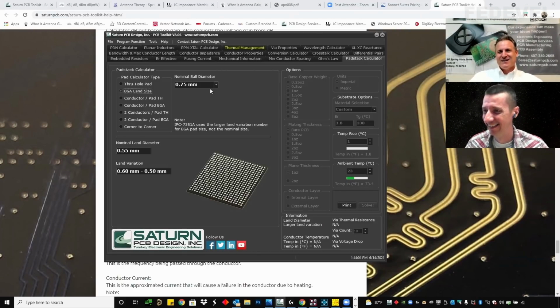You can get the nominal ball diameter from the data sheet and create your footprint accordingly. You see the IPC uses the larger land variation, so you would actually use 0.6 millimeters as your pad in your footprint.